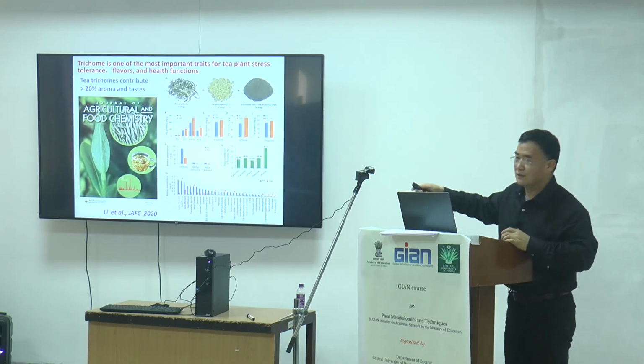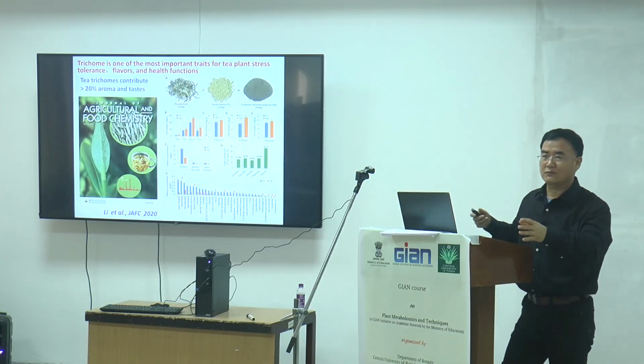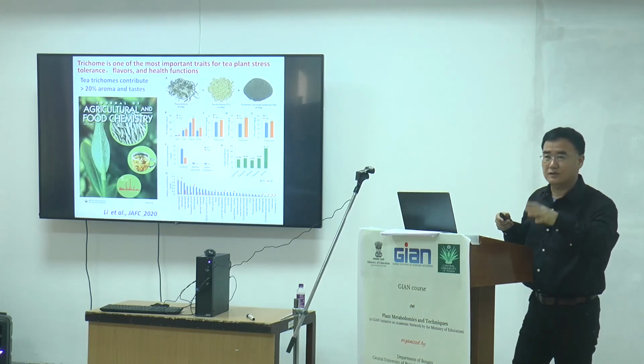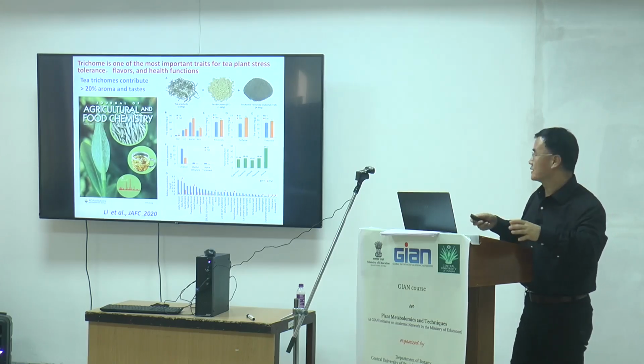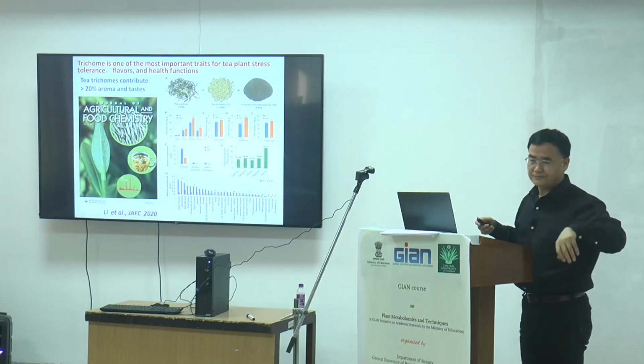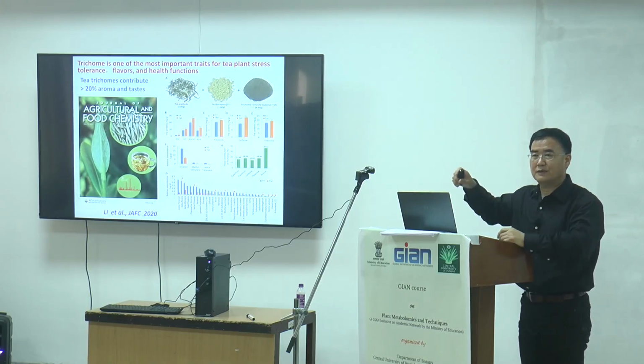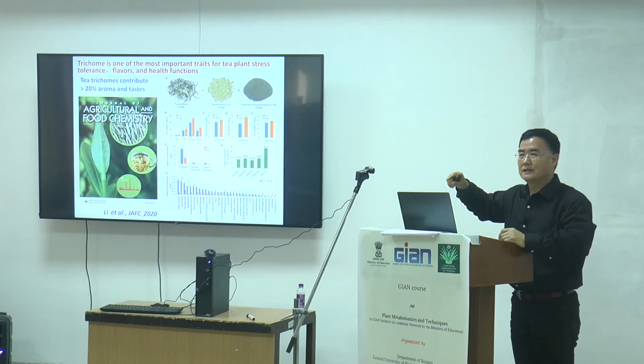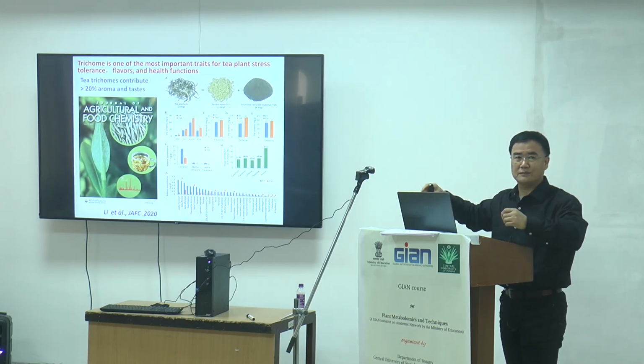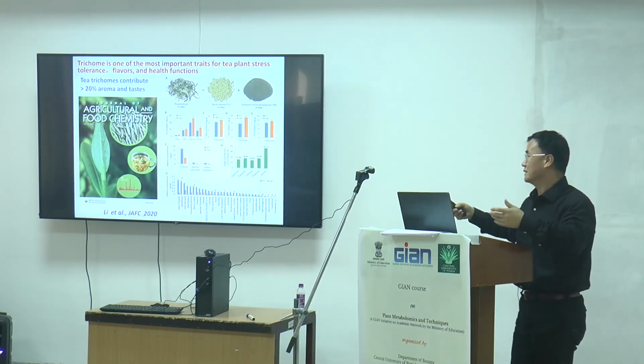That's why we call the trichome one of the most important traits for the tea plant. Later on, most modern tea cultivars are covered by thick and densely spaced trichome. Those give the actual flavor.